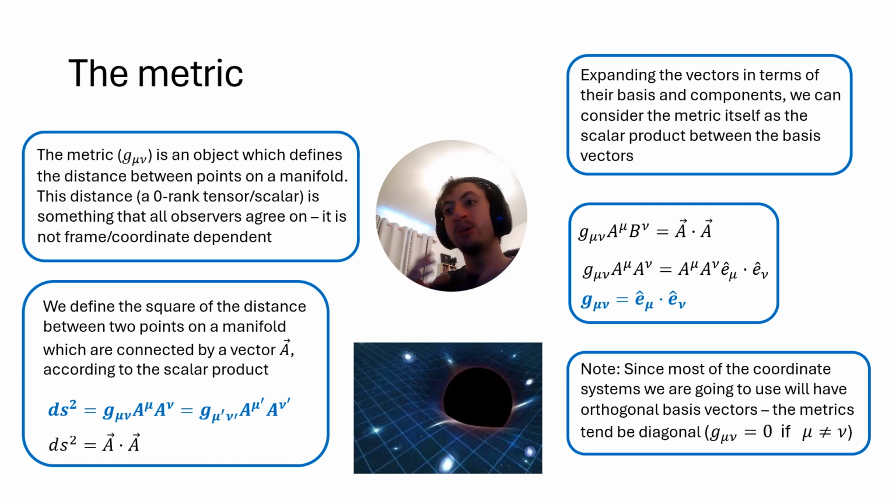To answer that, because the vectors that we're looking at, for them to stick onto the manifold, have to be infinitesimal, our coordinate systems are also going to be infinitesimal, and so the coordinate systems describing our curved metric are going to be infinitesimally small, and across that distance E mu and E nu remain orthogonal basis vectors.